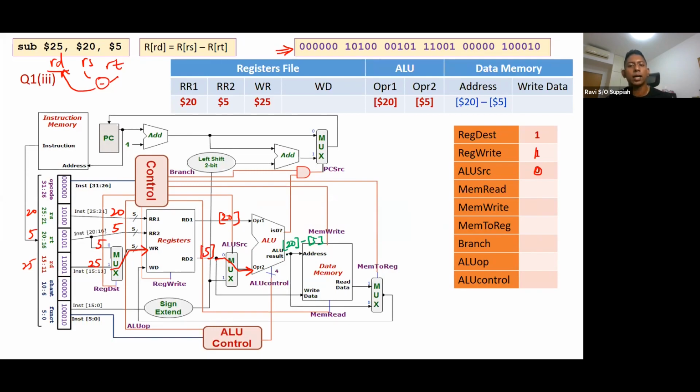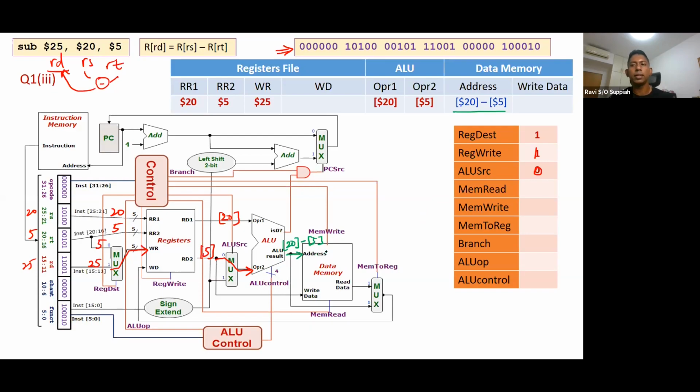But since it is hardwired to the address bus of the data memory, it will appear here. Okay, but we know that we are not using it, because in our case there is no memory access. But since it is hardwired, it will appear there.